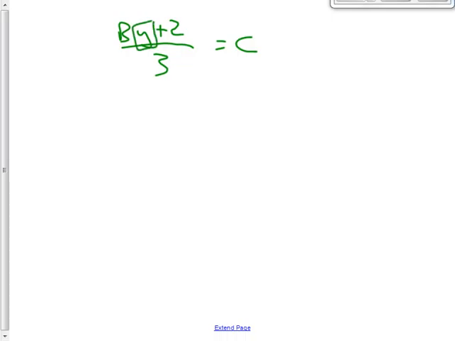And now we're solving this for y. So things that I need to get rid of: I need to get rid of this 3, it's dividing by 3. I need to get rid of this plus 2. I need to get rid of this times b. So I have to get rid of 3 things. So let's start getting rid of them.